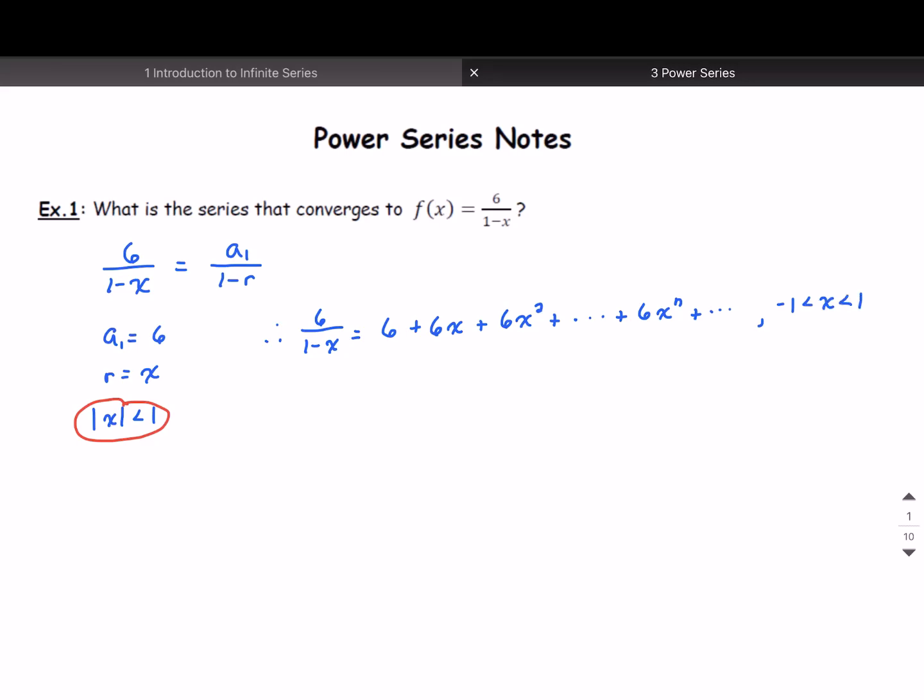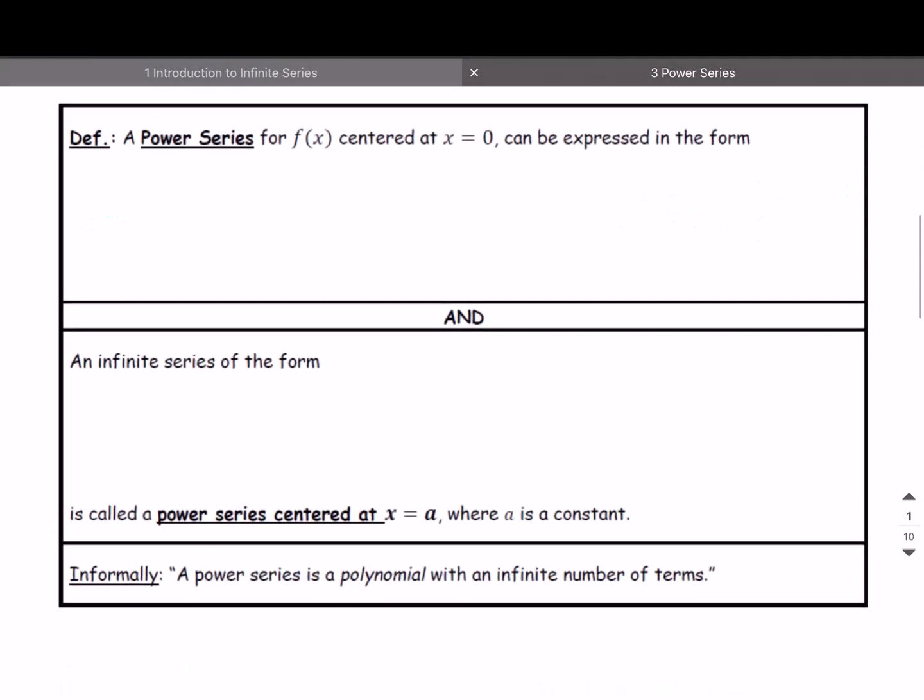We found a series that converges to f of x. Yay!